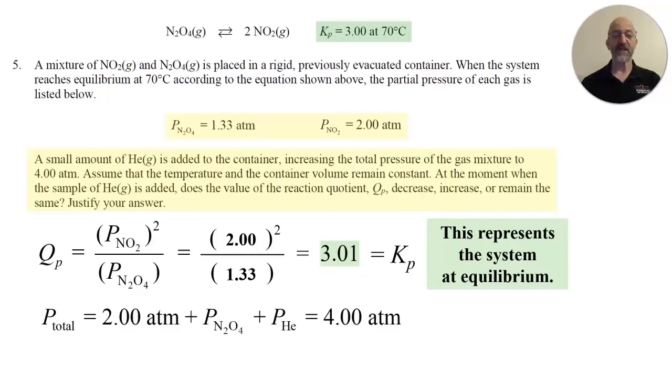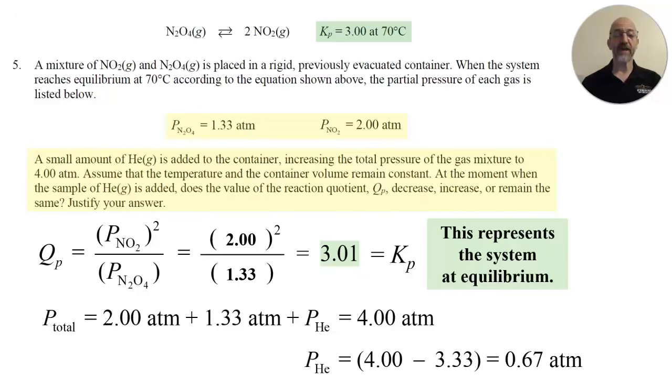So that hasn't changed. What is the partial pressure of the N2O4? It also remains at the same value of 1.33 atmospheres. Now, helium was added, and the total pressure is 4 atmospheres. So 4 minus 2 minus 1.33 gives us a partial pressure of 0.67 atmospheres.